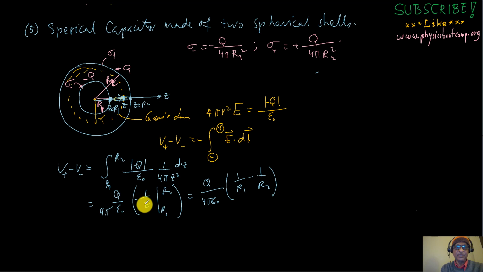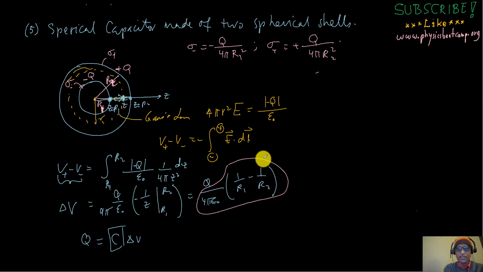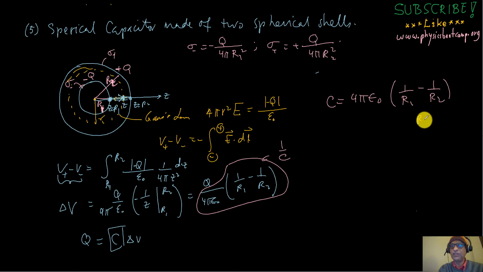Because of the minus, I just use this and then that, and this is just delta V. And so we're looking for Q equals C delta V. To read C, we just look from here. In this formula, this is simply 1 over C. So C just turns out to be 4 pi epsilon naught times 1 over r1 minus 1 over r2, inverse. Make sure this r2 is greater than r1 here, and that's the answer.